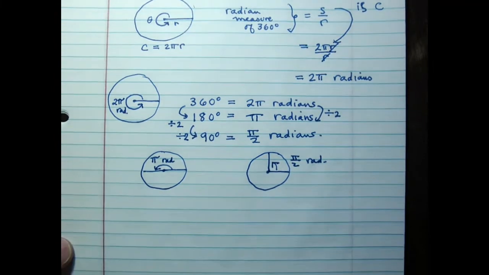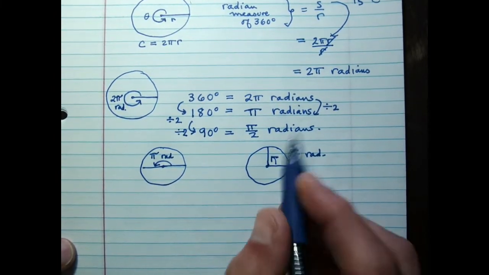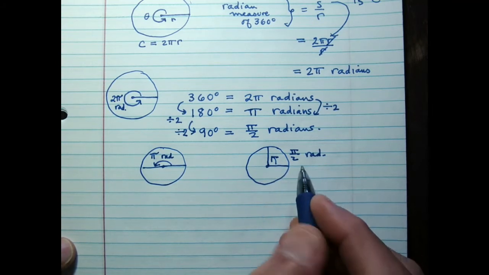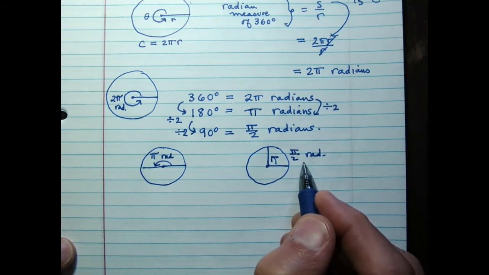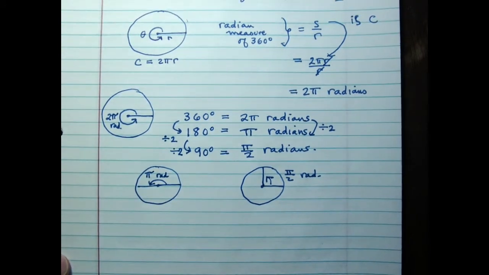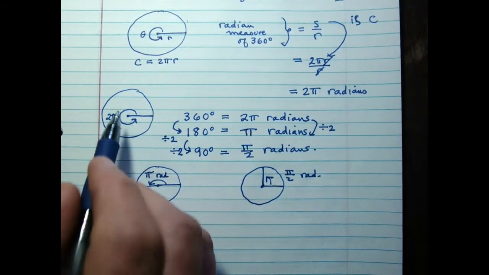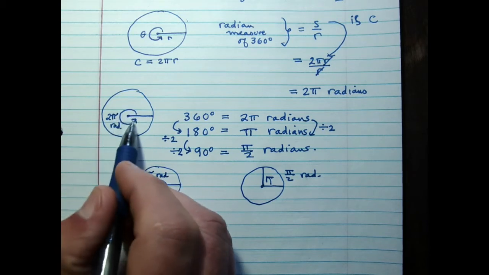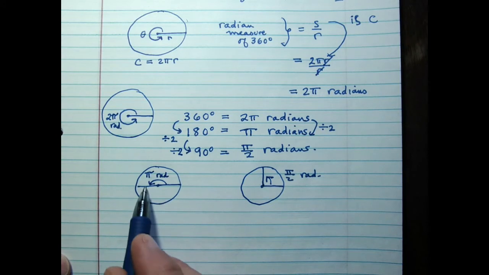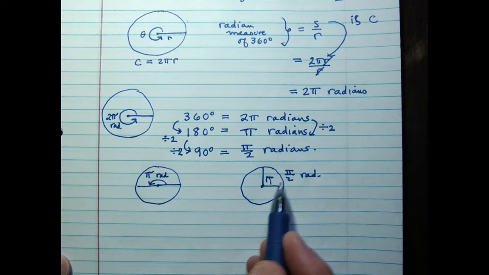Sometimes people find that a little bit confusing because it looks like 1/4 of a circle. And that's true, it is 1/4 of a circle. But the radian measure is pi over 2, and it's unfortunate, but it really all results from the fact that one full circle is 2 pi radians, not pi, but 2 pi. When we cut that in half, we have half a circle, 180 degrees is pi radians, and half of that, 90 degrees, is pi over 2.